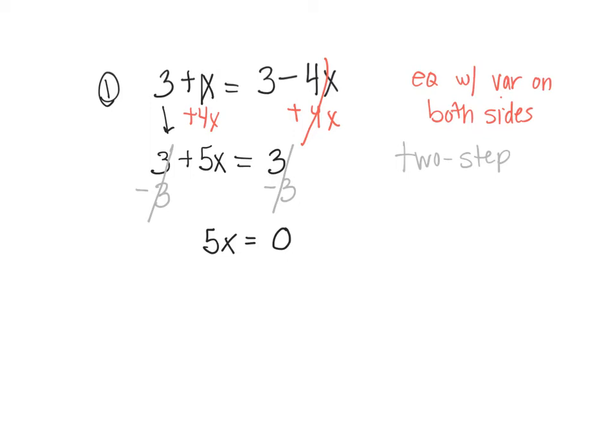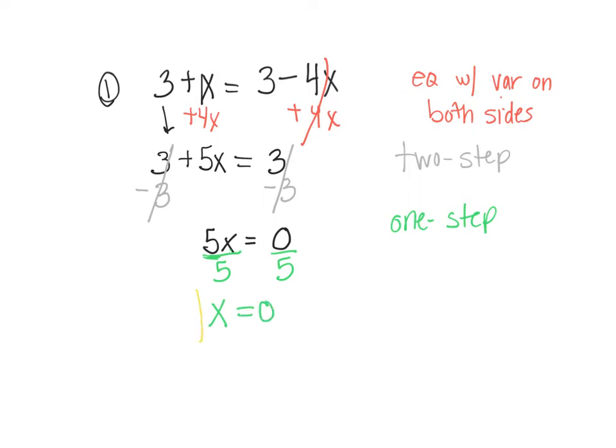Now when I go to do this one-step equation, I identify that I need to isolate the variable x, and the 5 and the x are connected through multiplication, so I'm going to divide both sides by 5 and get an answer of x equals 0.